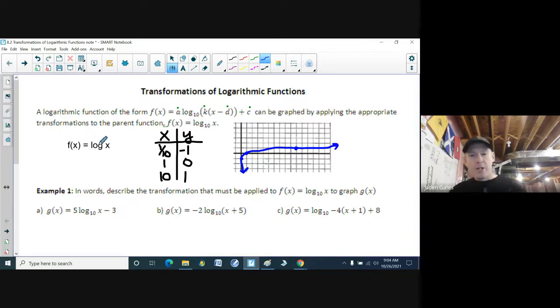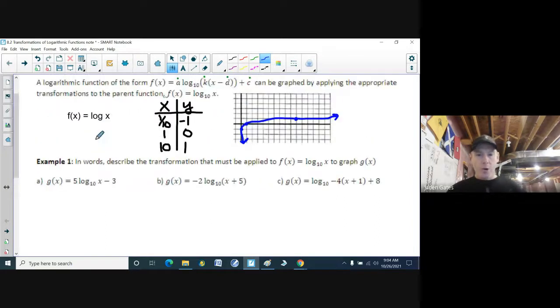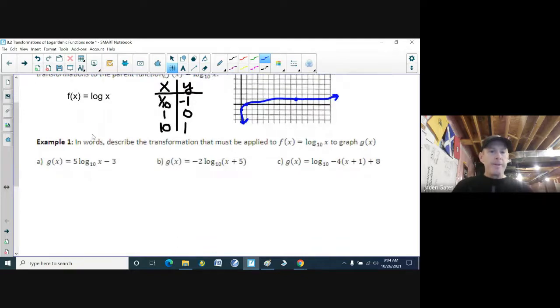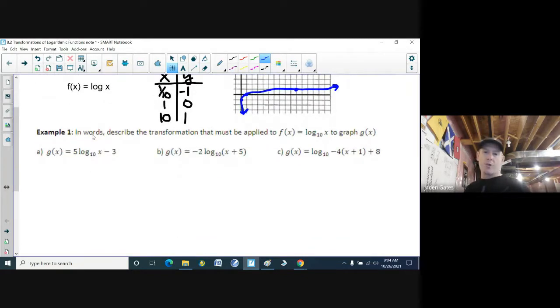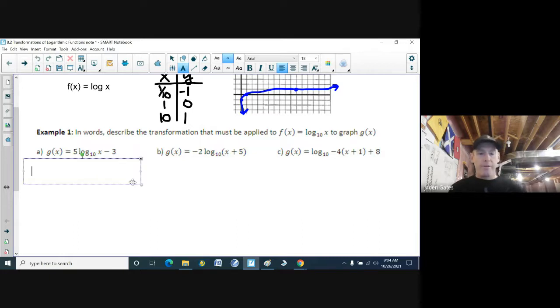All right, but we're into transformations, so we'll go a couple of ways. First off, in words, describe the transformation that must be applied to our base graph to get g of x. I'm going to start off with a reminder of the process of spotting the a value, which is the number in front.